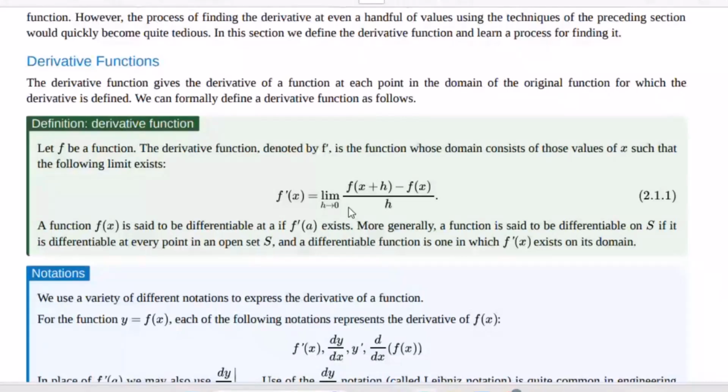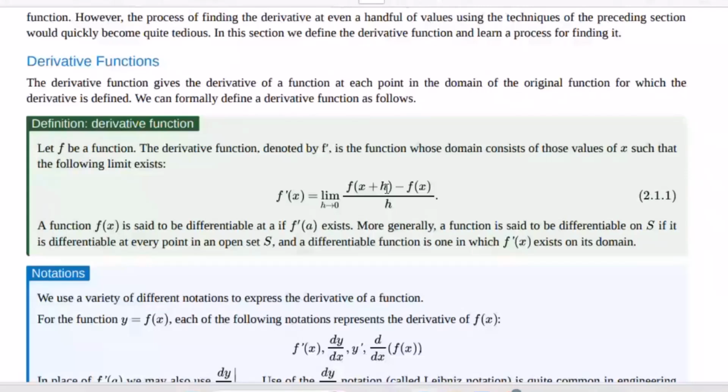Do we agree? Now, according to this definition 2.1.1, we are finding the derivative of f of x. Simply, f prime of x is equal to the limit as h approaches 0 of.